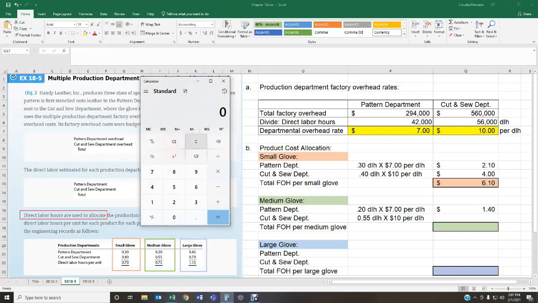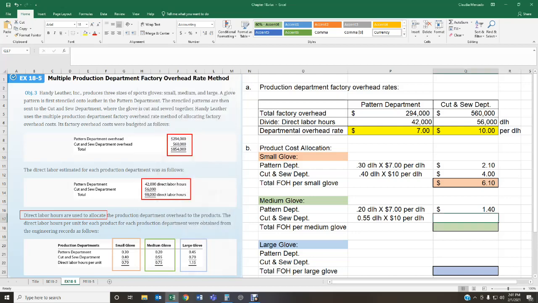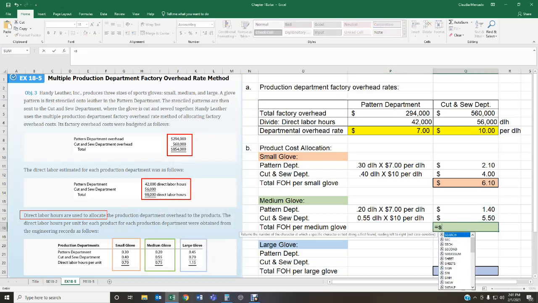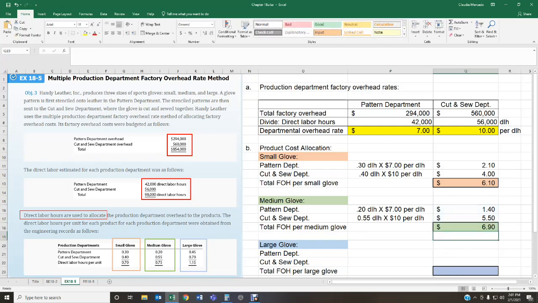That gives me 0.55 times 10, which is $5.50. So I'm going to allocate factory overhead for each medium glove of $6.90. So for every medium glove that I manufacture, I am going to allocate $6.90 for factory overhead.